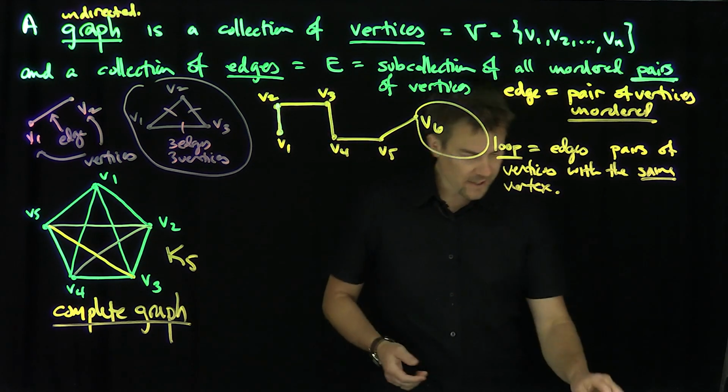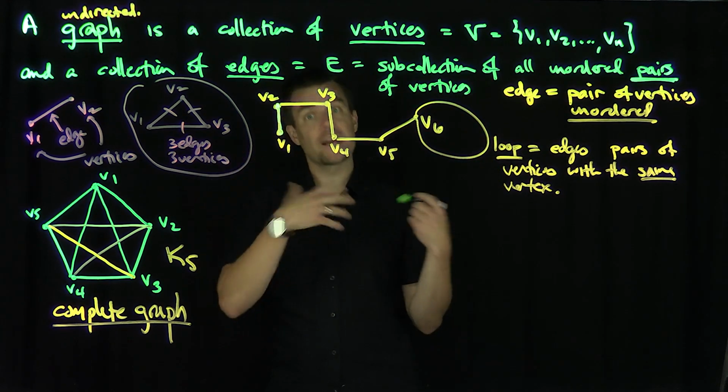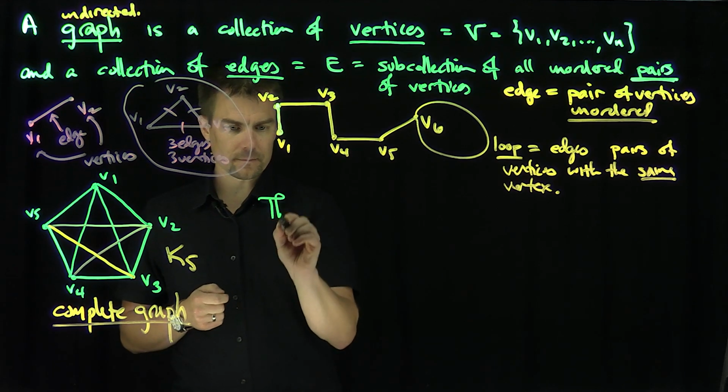And now what I want to talk about is this idea of degree of a vertex, right? And so this is in some sense the first and the most elementary example of a theorem in graph theory. So here's our theorem.